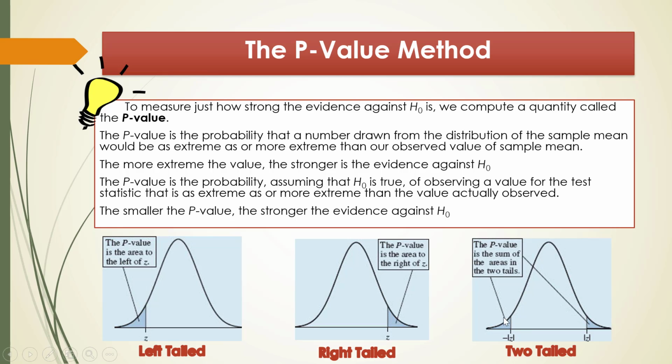The p-value is the total area of the two tails. So it is the area to the left of the negative value and the area to the right of the positive value. Because the standard normal curve is symmetric, these two tail areas are equal. So we can basically take 2 times the right tail area or 2 times the left tail area for the p-value.